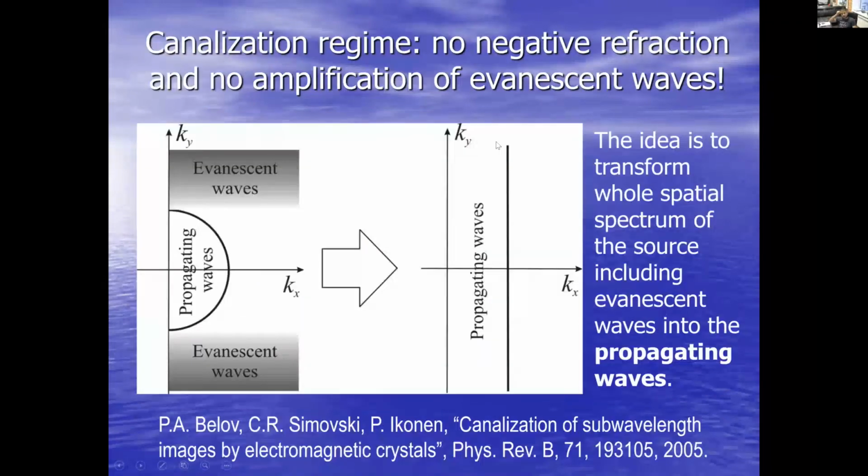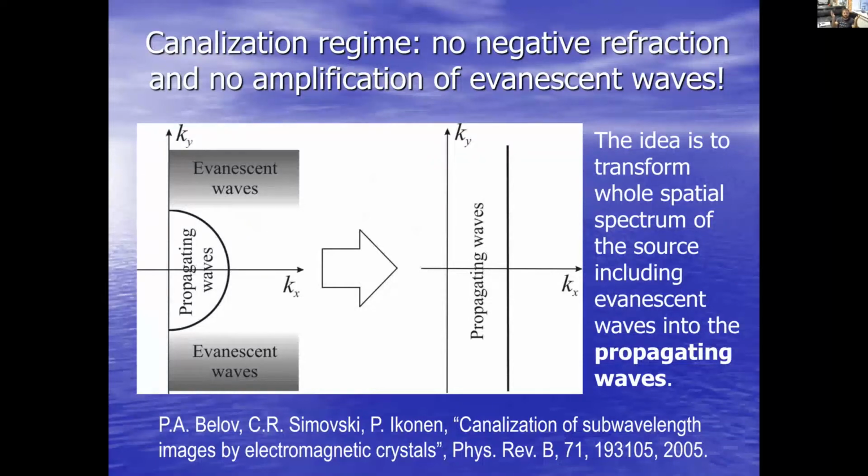Okay, so the idea is the following. Let's change mother nature, in the sense that vacuum is actually not the best material. In vacuum, you have propagating waves on one side and evanescent waves on the other.